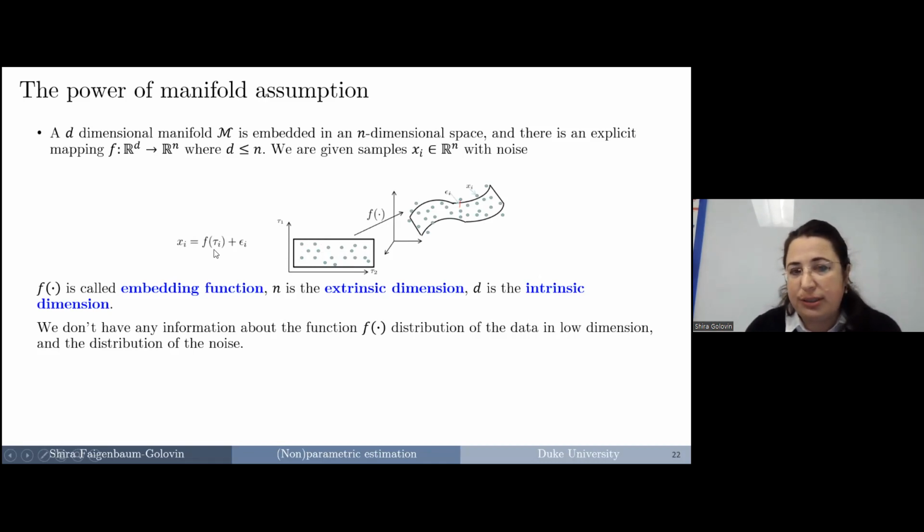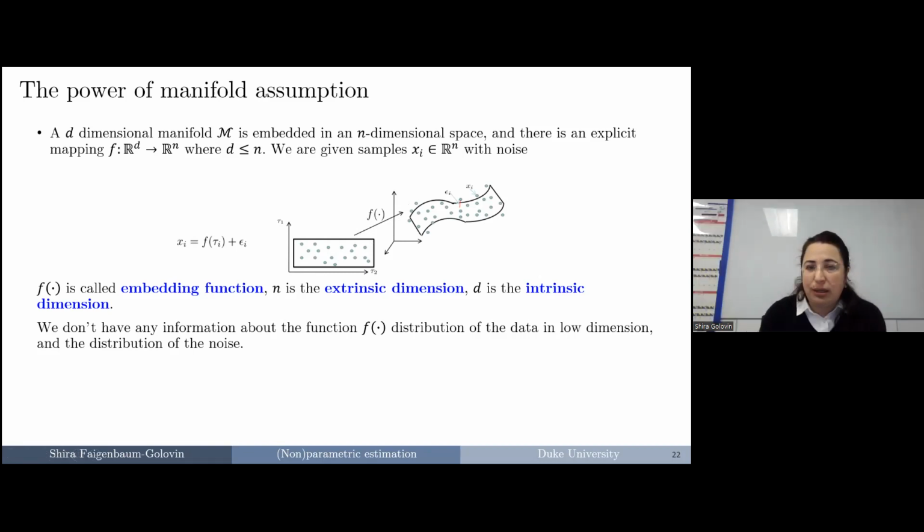Let's call those points tau_i. And what we have is some unknown function f that is applied to those data points, which increases the dimension and embeds those data points in high-dimensional space. And we have some noise epsilon_i that was added to those points. And that's what we observe.